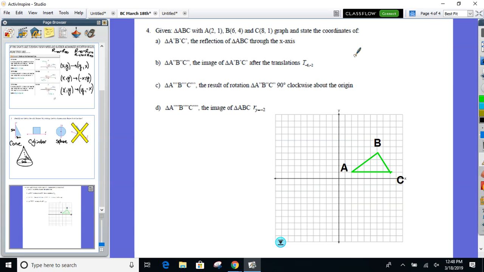First thing I need you to do, reflect ABC over the x-axis, and I'll ask somebody what the new coordinates are. X-axis, not the y, x-axis.